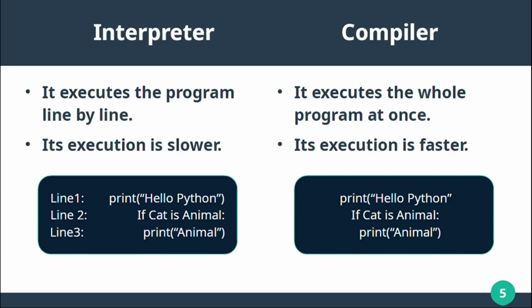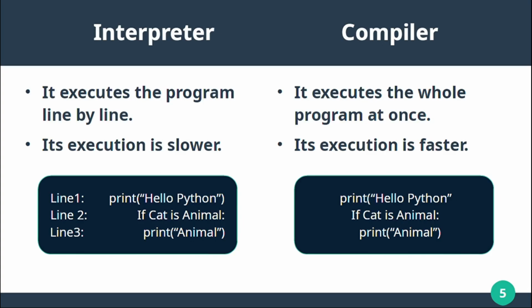By saying that Python is an interpreted language, I mean to say that each line is executed individually and the program is executed line by line. It means that first this line will be executed, next line number 2 will be executed, next line number 3 will be executed. The whole program won't be executed all at once.